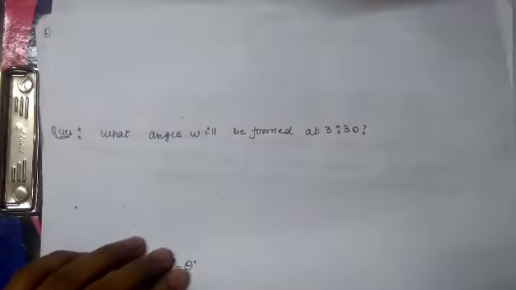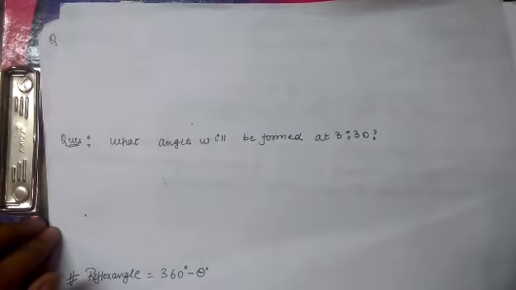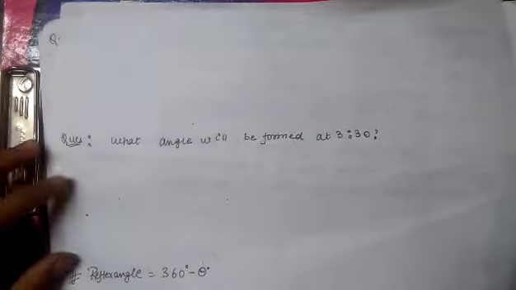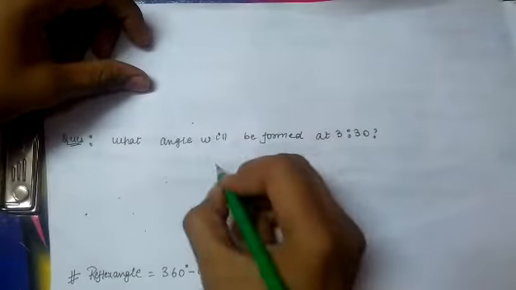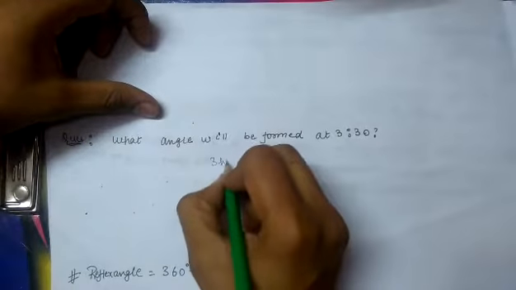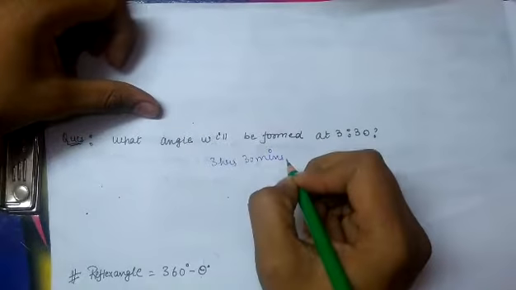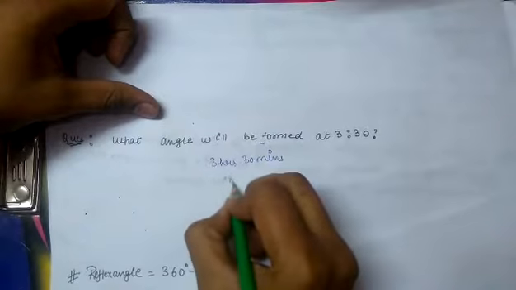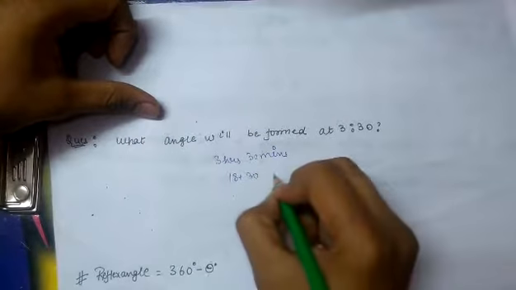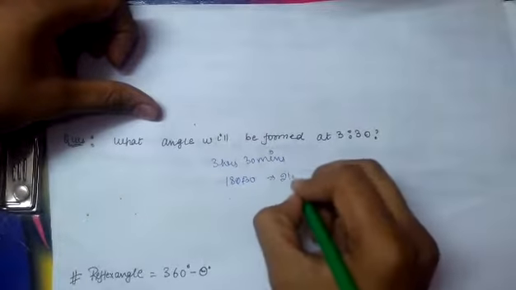And the next question is: what angle will be formed at 3:30? For solving this question, we will convert it into minutes. 3:30 means 3 hours 30 minutes. So 3 hours is 3 into 60, 180, plus 30, that is 210 minutes.